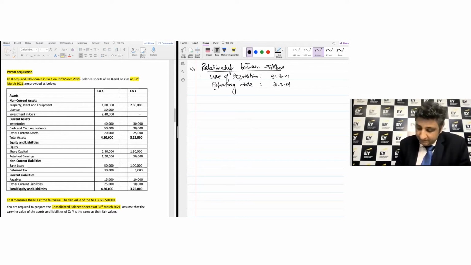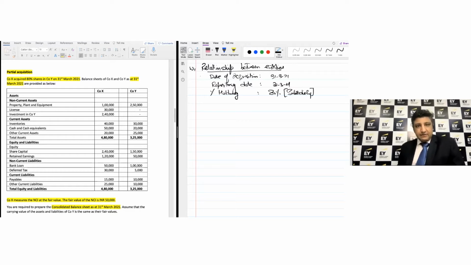But this time the percentage holding is 80%. That would again give me a subsidiary in place. Company Y becomes a subsidiary because 80% would be presumed to be a controlling interest in the other entity.